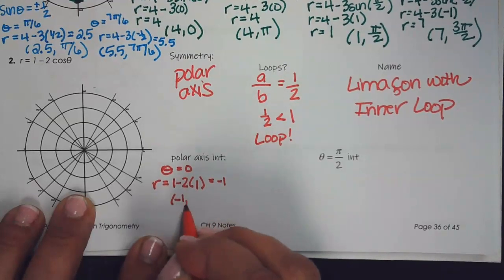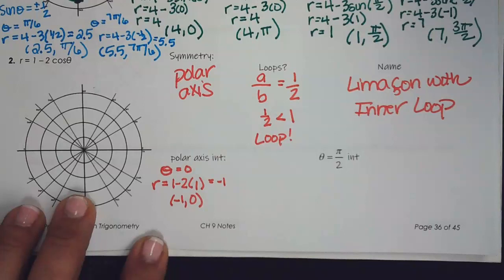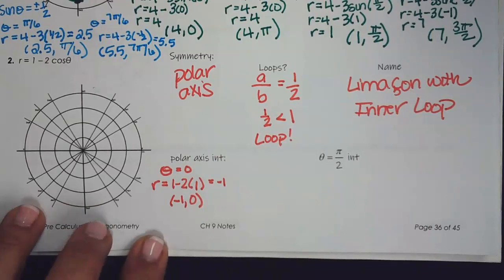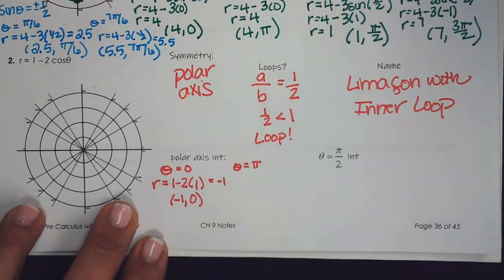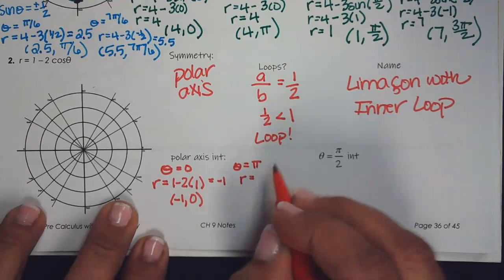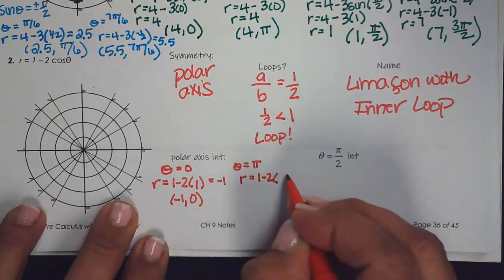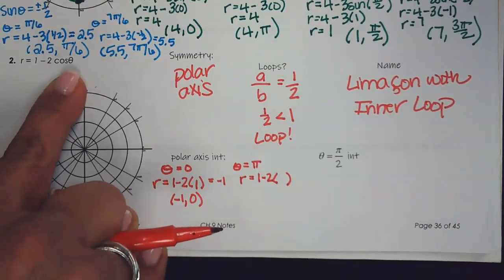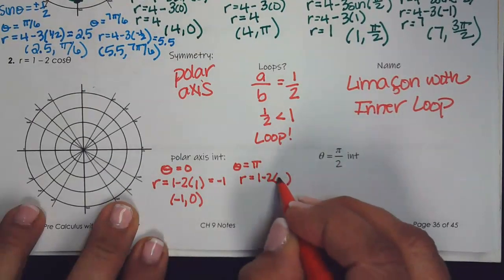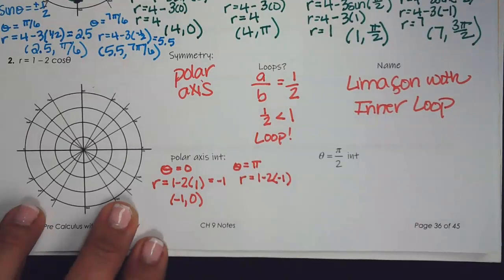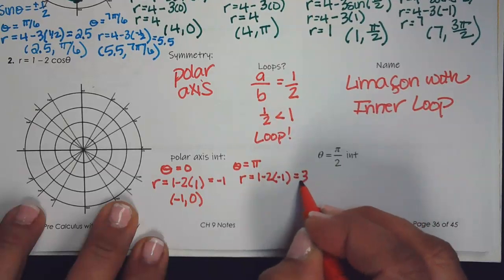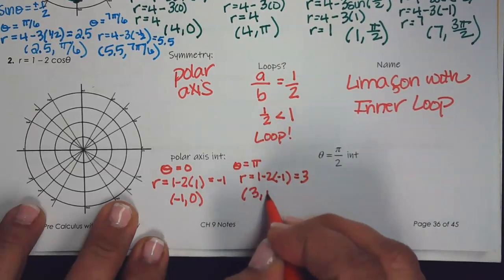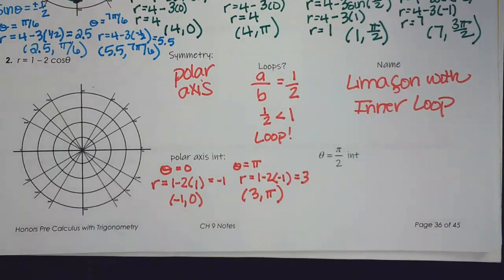So I'm going to have -1, 0 as one of the points. Then I'd also want theta equals pi. And so I would take 1 minus 2 times the cosine of pi. The cosine of pi is -1. So I'd have 1 minus 2 times -1, which would give 3. So then 3, pi is going to be another point.